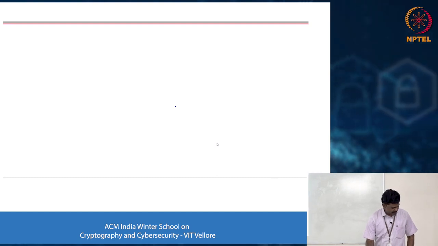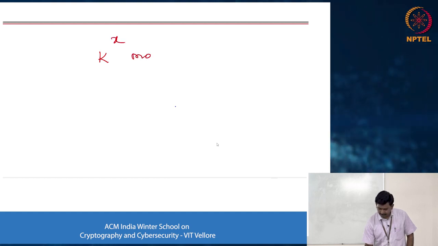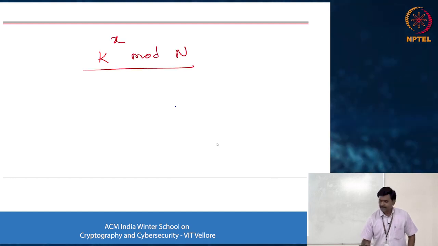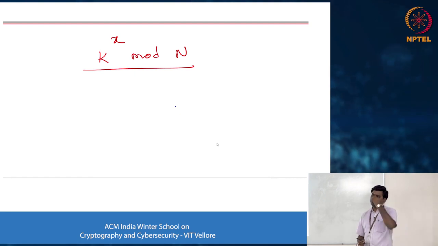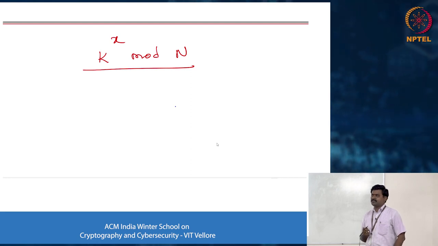So take an example. Imagine I have a function, and the function is in this form. Are you able to map it to an algorithm called RSA? What do you do in the case of RSA?